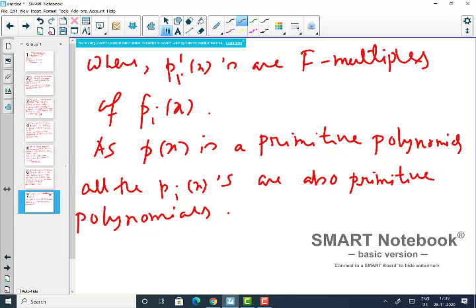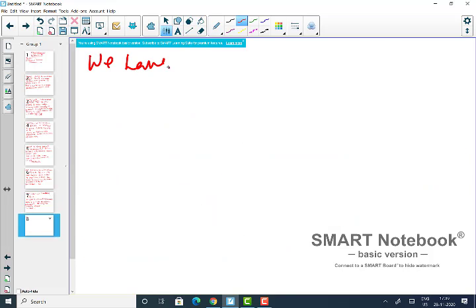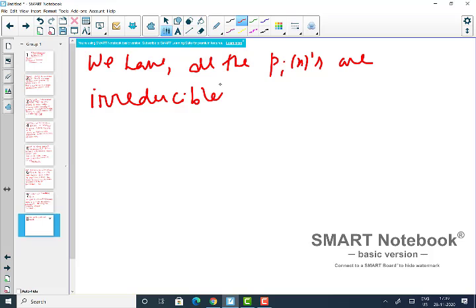So using the corollary of Gauss lemma that we proved in the last lectures, all the Pi(x) are irreducible in R[x]. So done. We have a product of irreducibles in R[x].